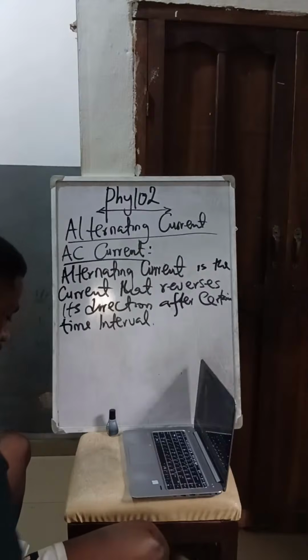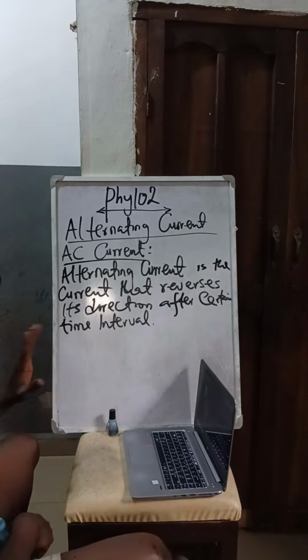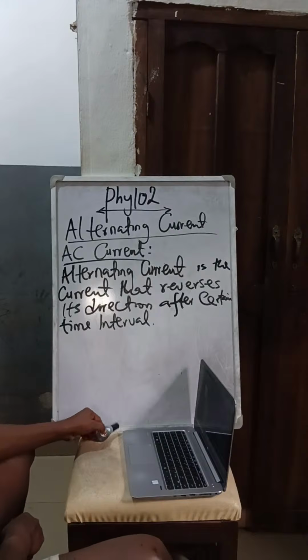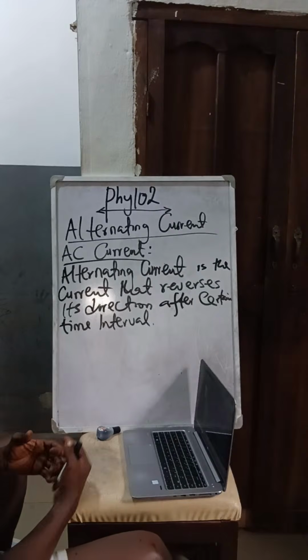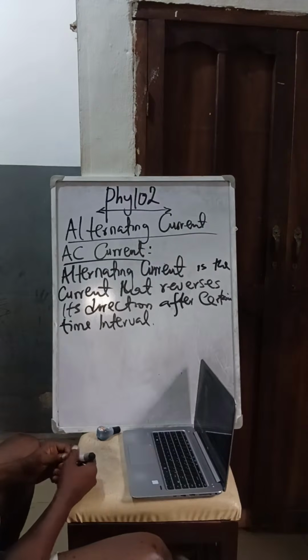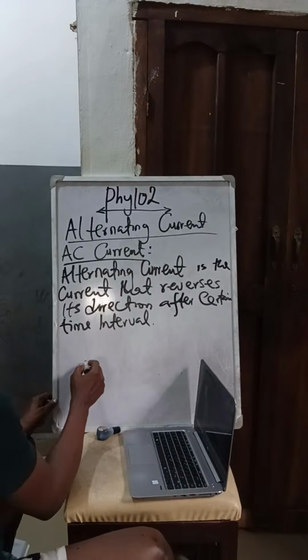All right, so when we talk about alternating current, it is the type of current that reverses its direction after a certain time interval. Okay, it is actually periodical. It changes periodically.